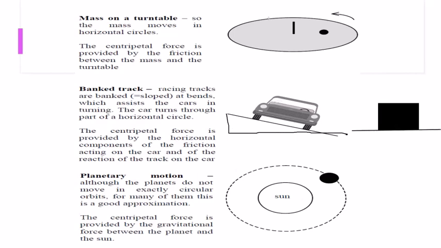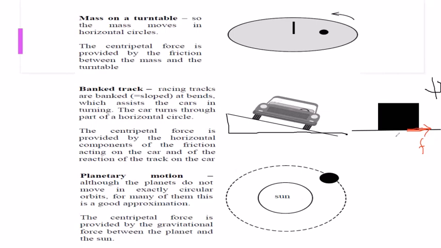The car's direction is towards you, facing the screen, coming towards you, and it is taking a turn on a circular track. So frictional force is there. The frictional force between the road and the tire is directed towards the center, which is responsible for circular motion.